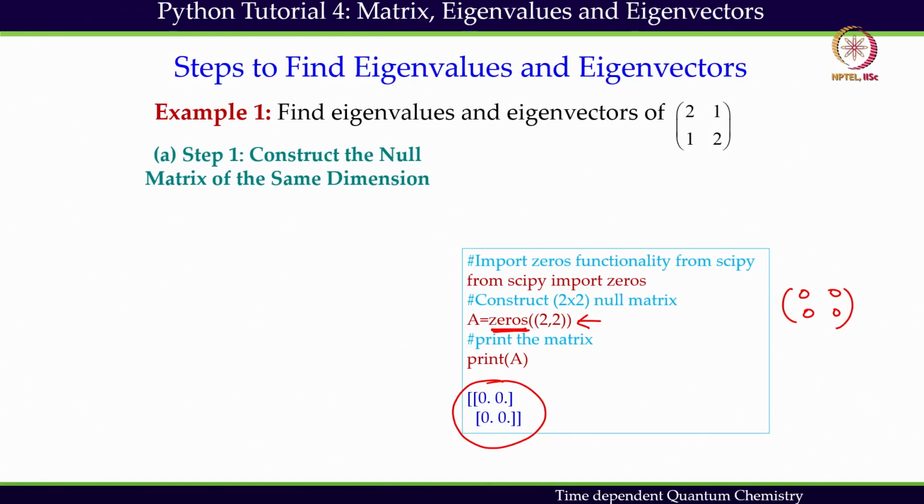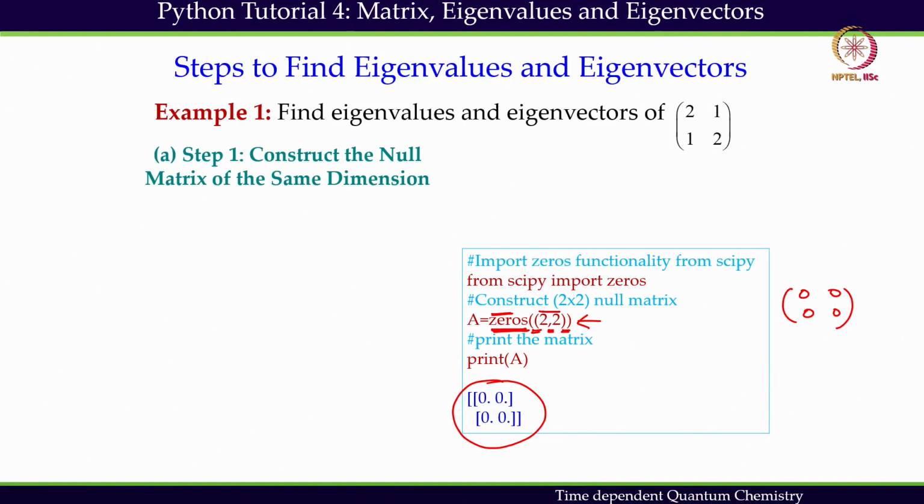In the zeros functionality, remember that we are using a comma here to separate and show the dimension, and we have a double bracket here, one bracket for the zeros and another bracket to show the dimension of the matrix. So these are the two things which you should remember. We should not get confused by the notation.